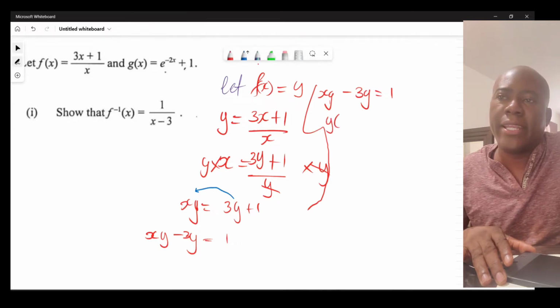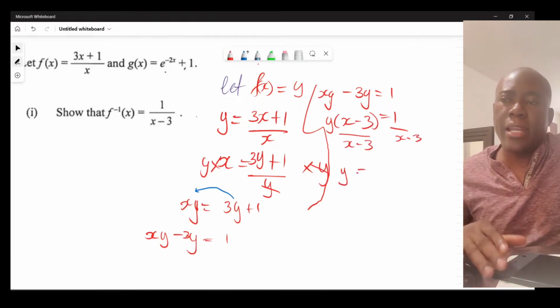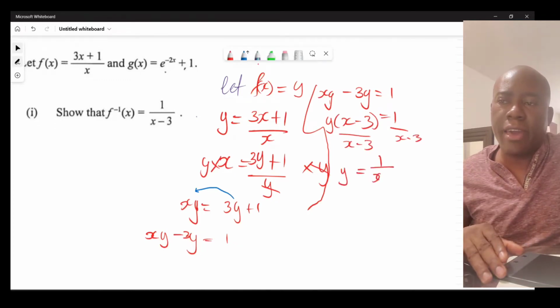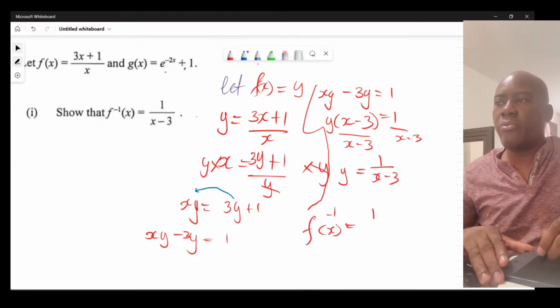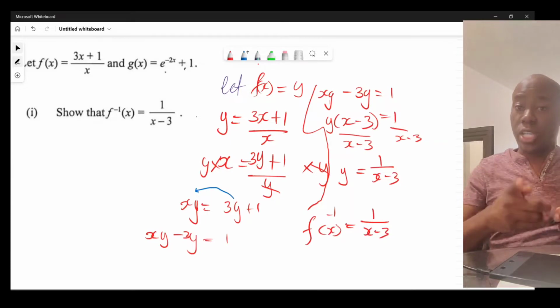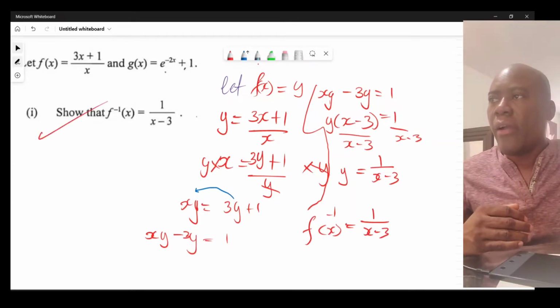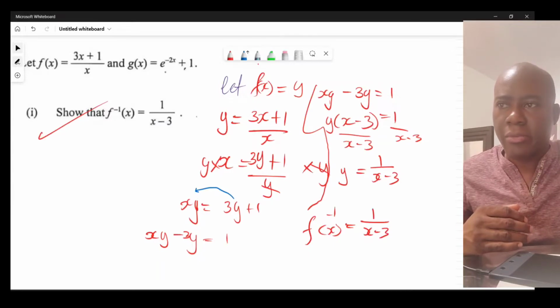Then if I divide both sides by x - 3, finally y is equal to 1/(x - 3). So the inverse of f(x) is 1/(x - 3). Hence, we have proven that, which is what we were required to show. Let's move on to see what the other question is about.